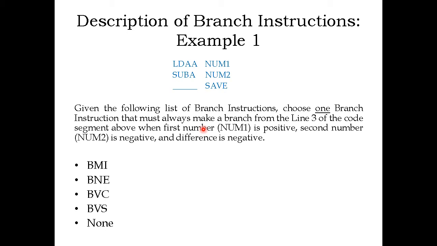Now remember, in this case, we may have more than one correct answer in our list. But to make it a little bit easier for you, when you go to the quiz section, you can select only one out of the list, and you will get 100%, as long as you select one of the correct choices.